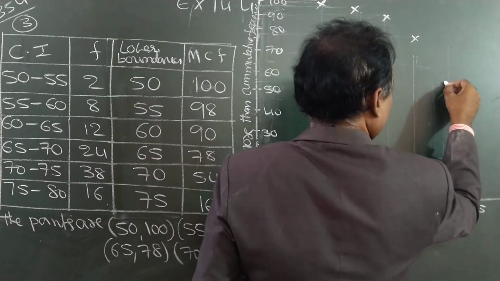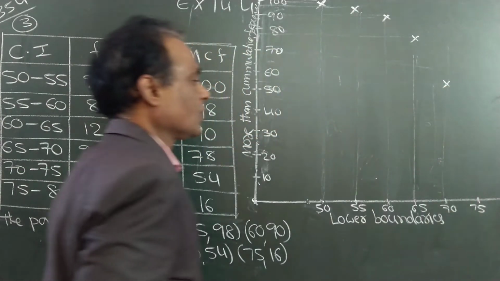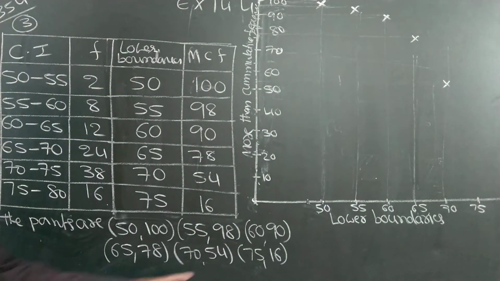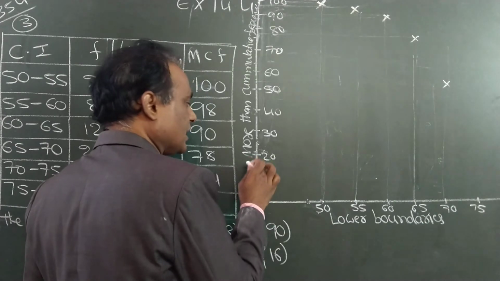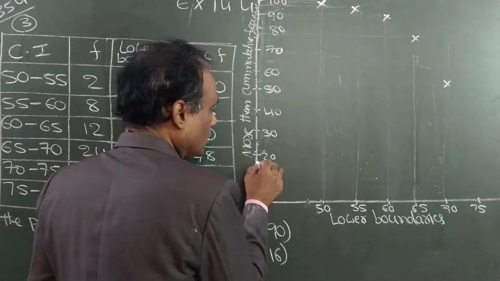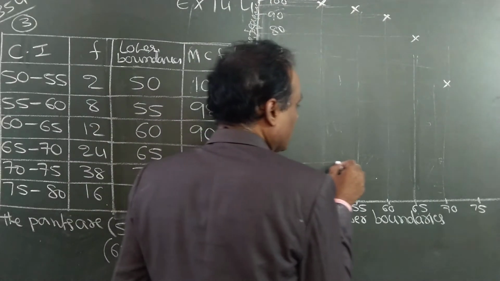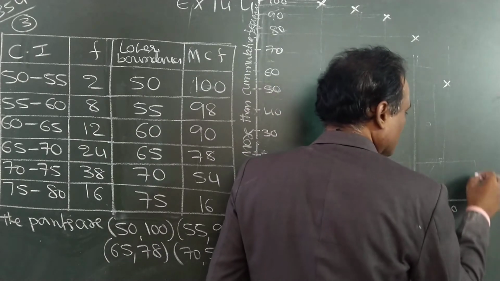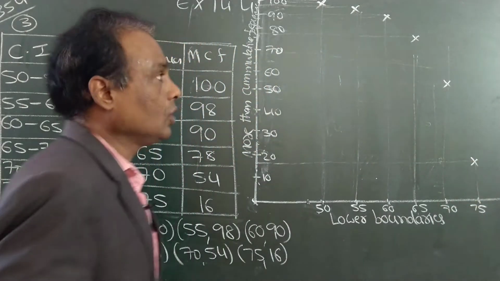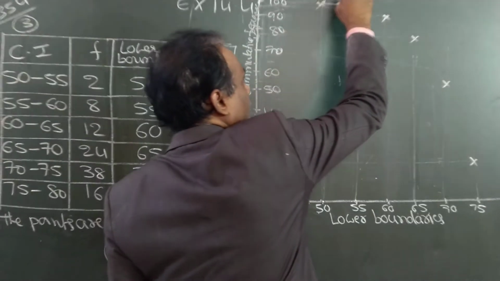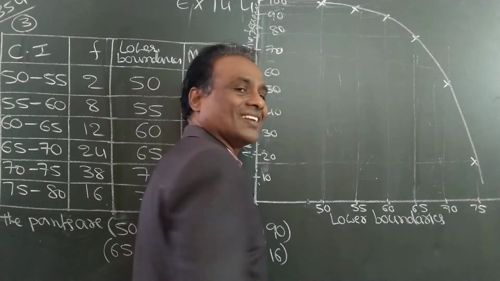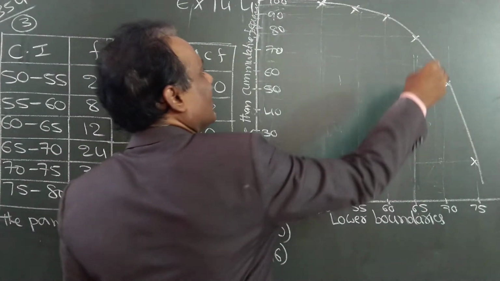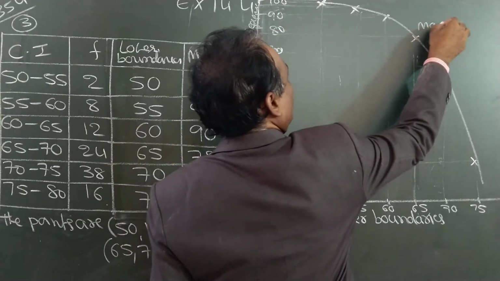Next, 75, 16. 16 will be after 10, 11, 12, 13, 14, 15, 16. You will get small squares in the graph paper. This is the point. So join these points. This is the curve. This is the more than type ogive curve.